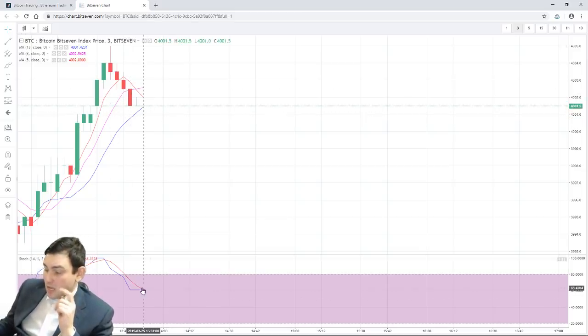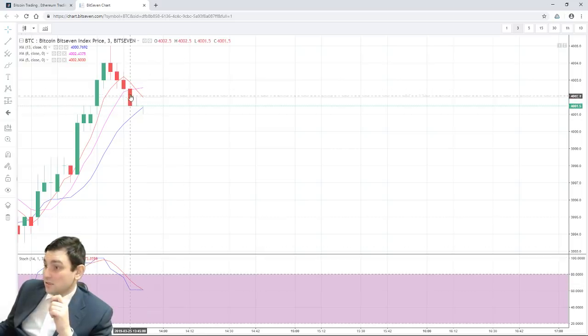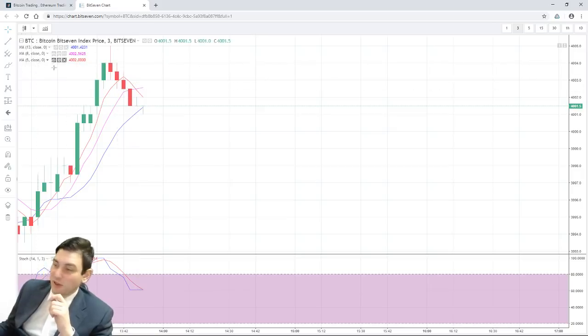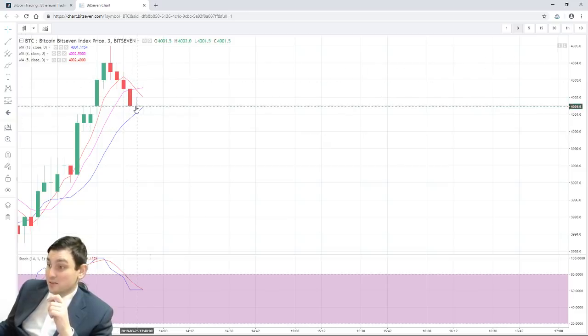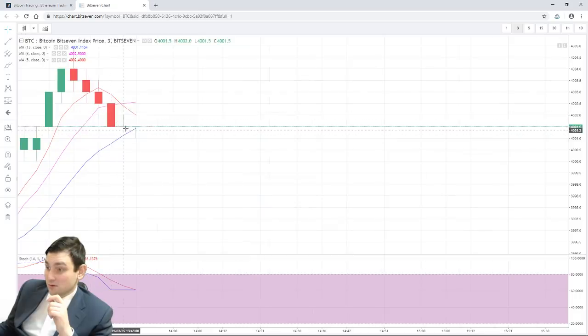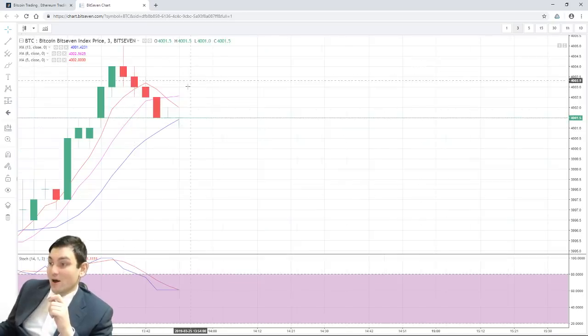But we can see here a crossing, which is an indicator of reversal. And those two, which indicate the slower moving averages, look up. And as expected, we see here a gravestone doji, so it will go up.